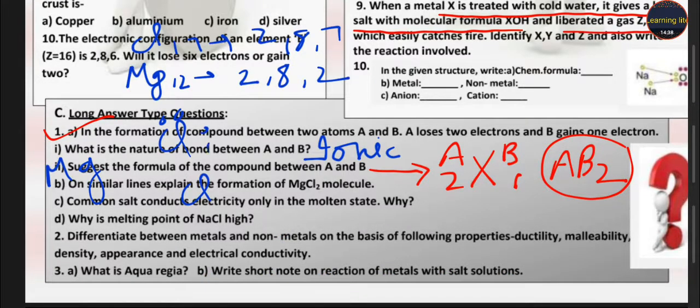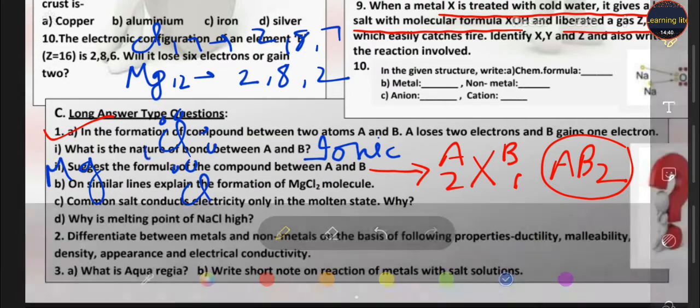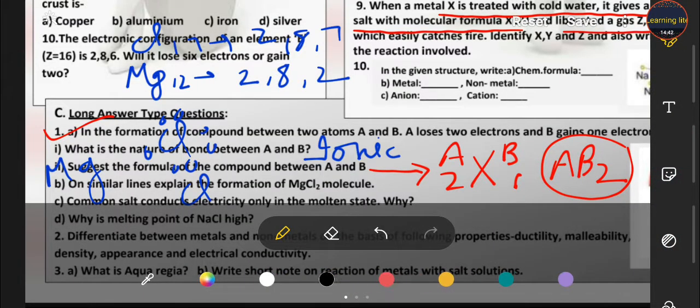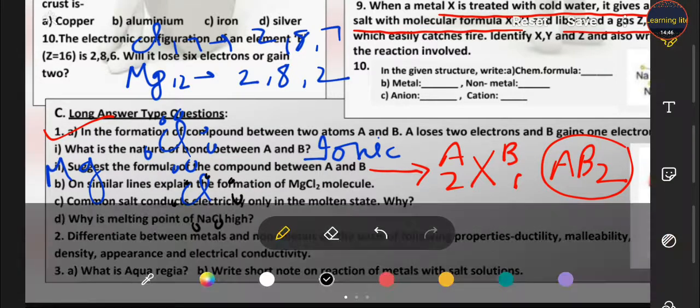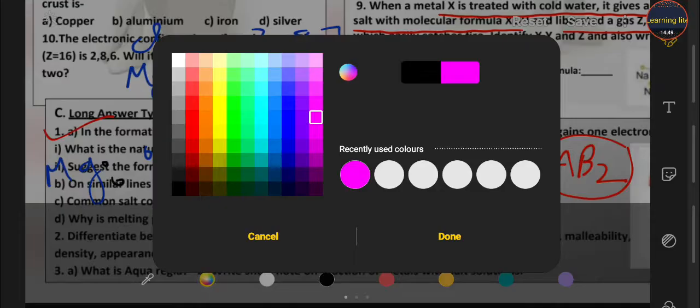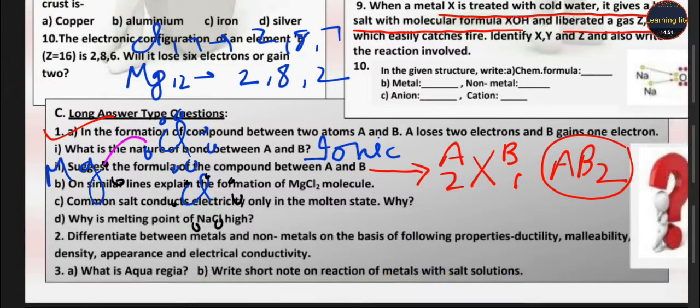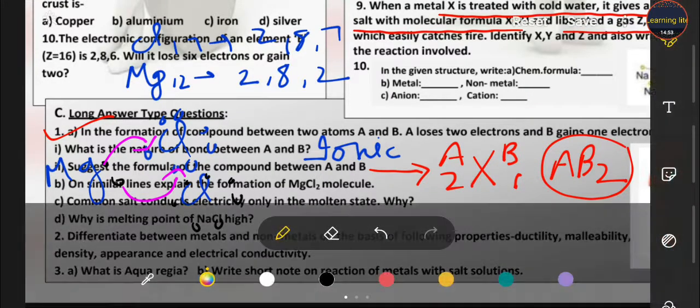In Cl, there are 7 valence electrons. In Mg, there are 2 electrons. So Mg shares one electron with this and one with this. So this is the electron dot structure of MgCl2.